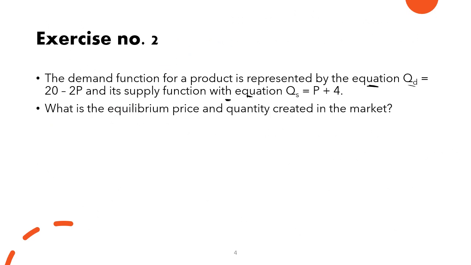So next exercise: the demand function for a product is represented by the equation QD equals 20 minus 2P, and its supply function by the equation QS equals P plus 4. The question: what is the equilibrium price and quantity created in the market?